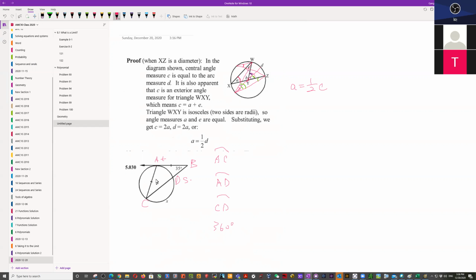And then this is 35, so angle B equals 35.